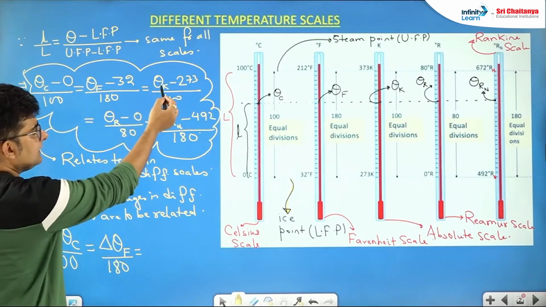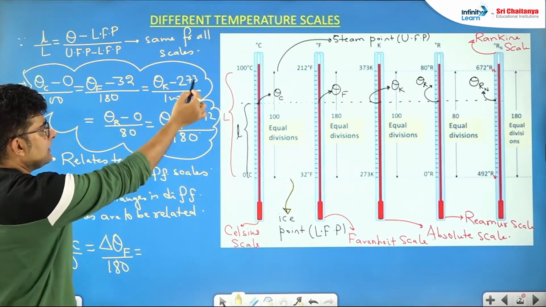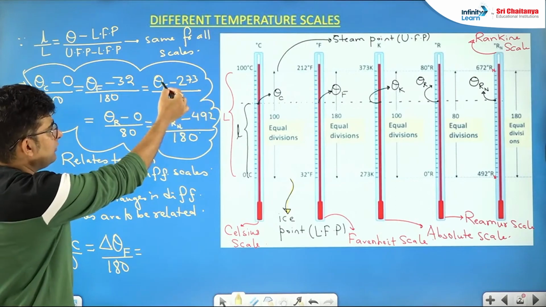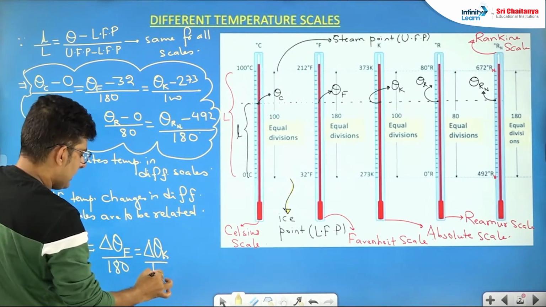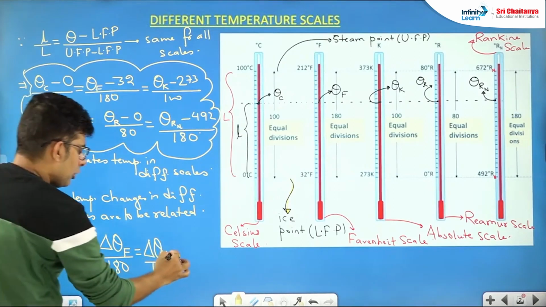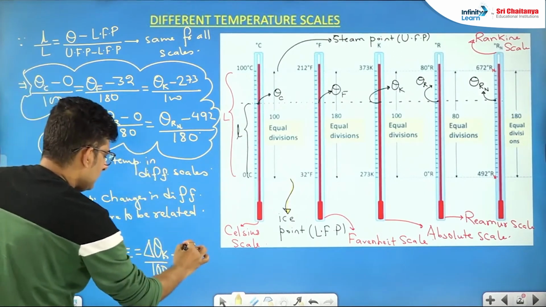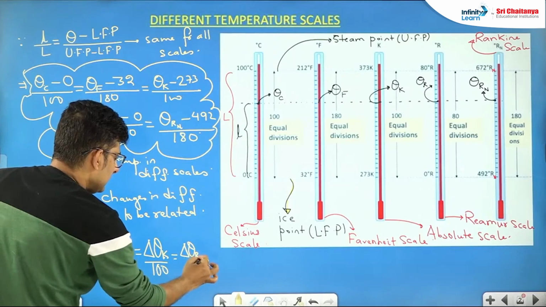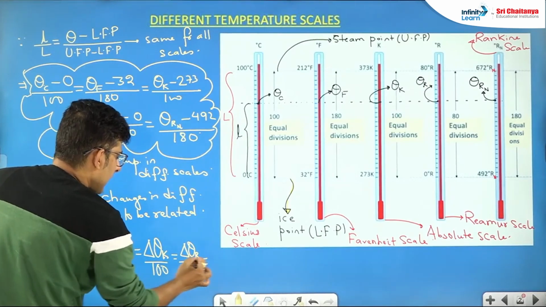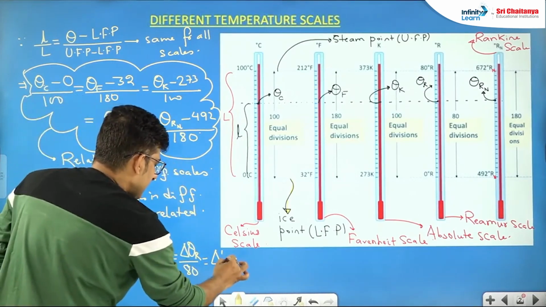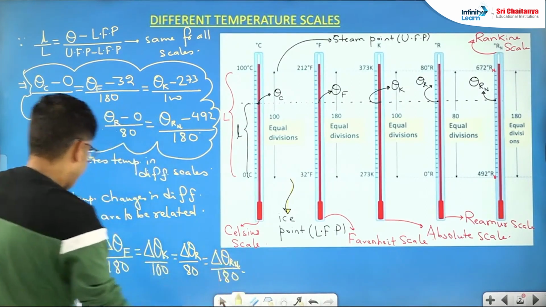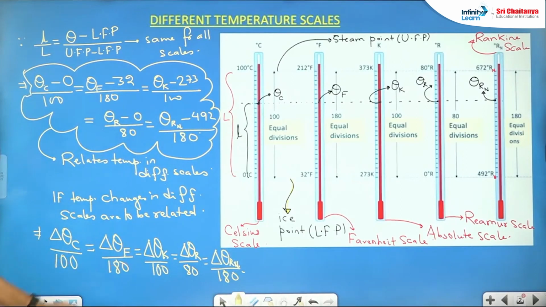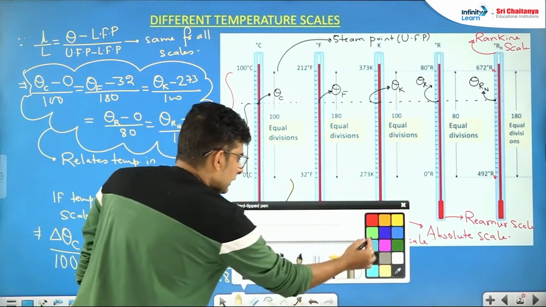Now when we see the next one, if you see the change here, 273 is a constant, so only this will change. So delta theta k divided by 100. If you write in Reaumur, delta theta r by 80, and in Rankine, delta theta rn divided by 180. So from here we get a very important point.